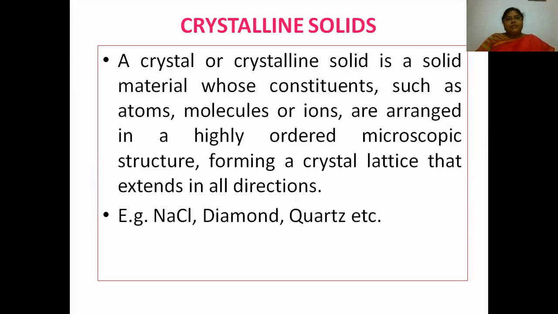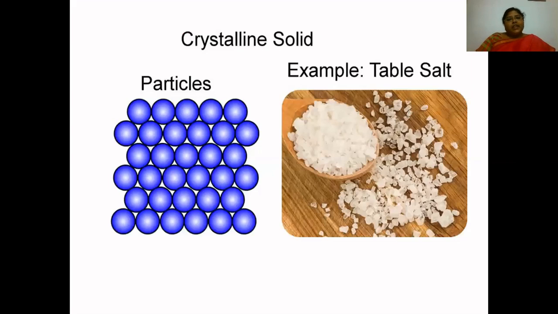Best examples are NaCl, diamond, quartz, etc. In this diagram, we can see particles are arranged in a regular manner, in a periodic manner. The example is table salt, which we use in our day-to-day life.